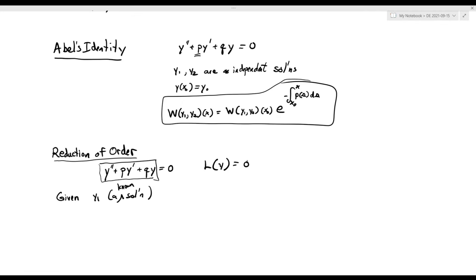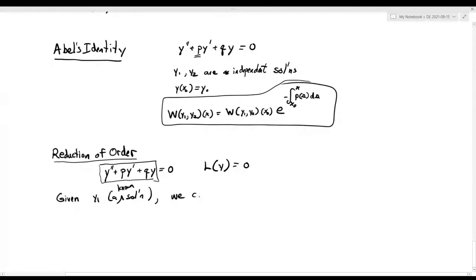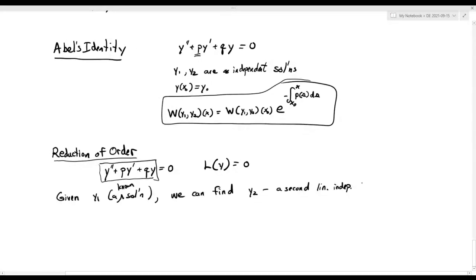Given one function, y1, which is a known solution to this equation, reduction of order allows you to find another solution, a second one linearly independent from y1, to the homogeneous equation. And it's pretty simple. This is the given function.